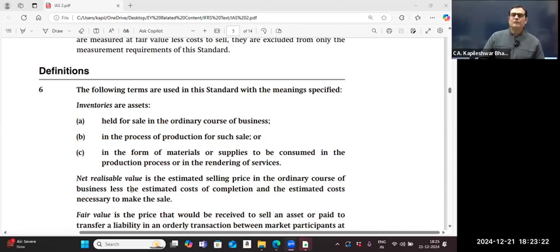Every item which is shown in the balance sheet on the asset side, is it required to meet the definition of asset? You must be thinking, what a weird question I'm asking. It is shown in the balance sheet as an asset, so is it supposed to meet the definition of asset? And the answer is no.